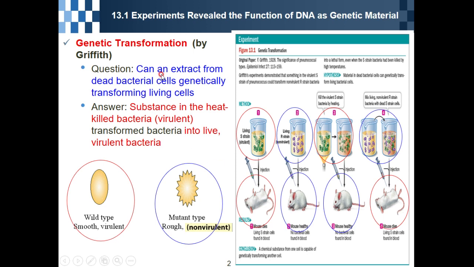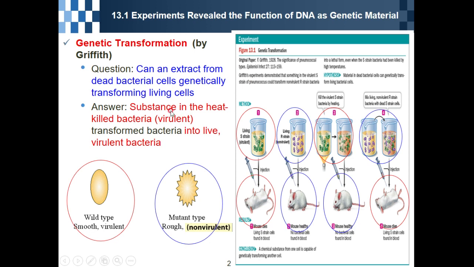So it means that the extract from the dead bacterial cells, especially the dead S strain bacteria, genetically transformed living cells. For example, this living cell is the R strain. The answer is that a substance in the heat-killed bacteria transformed the bacteria into live and virulent bacteria. So there was a genetic transformation.